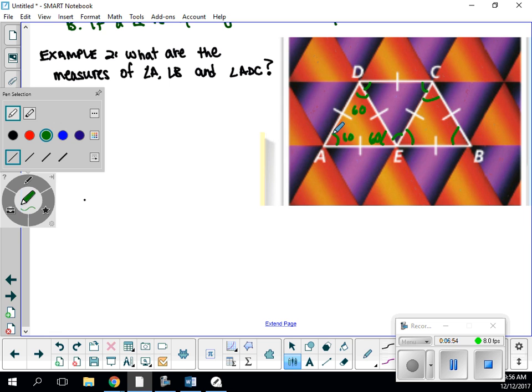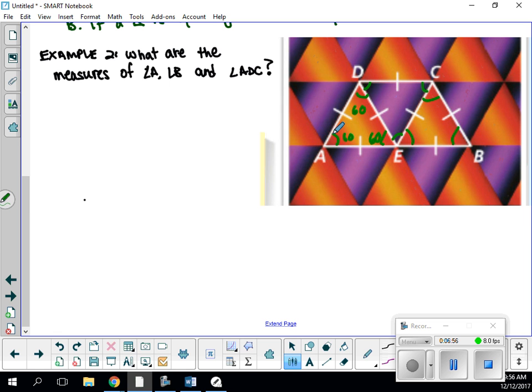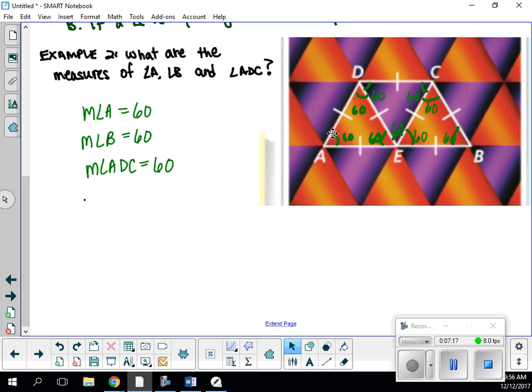Always, always, always in an equilateral or equiangular triangle, the angles are always going to be 60. So measure of angle A is 60, measure of angle B is 60, measure of angle ABC is 60.